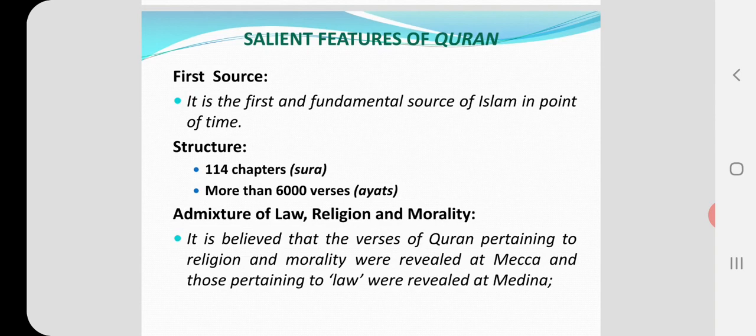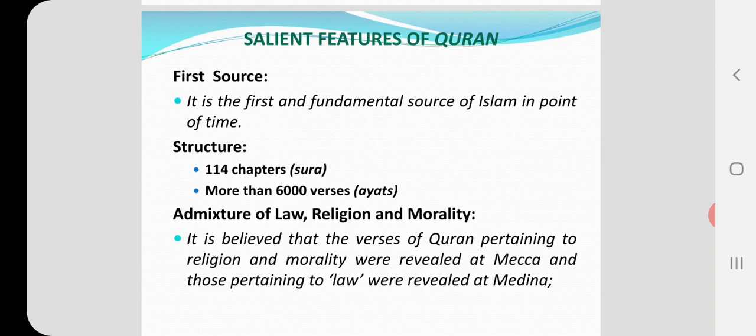Because, according to Muslims' belief, other books were also revealed prior to the Quran, but those earlier scriptures could not be saved in their original form. And therefore, finally, this book came, and this book, which is known as the Quran, became the primary, first and fundamental source of Islam as well as Muslim law.